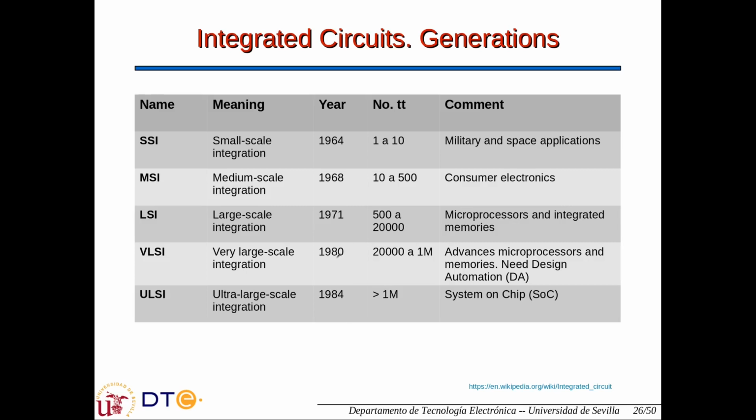And during the 80s decade, we were able to put more than 1 million transistors in an integrated circuit. In this decade, it was important to develop design automation tools, computer programs that helped with the design and implementation of integrated circuits, because the complexity could not be handled by hand.